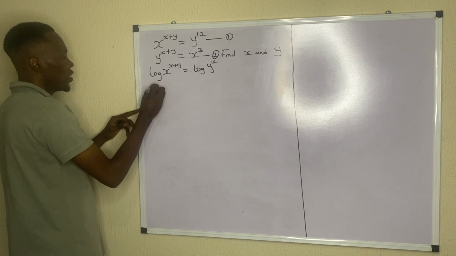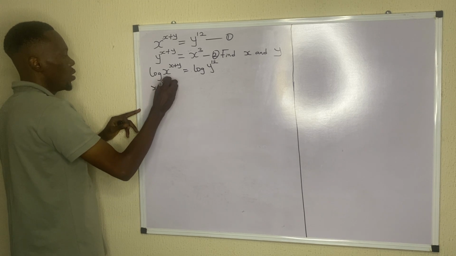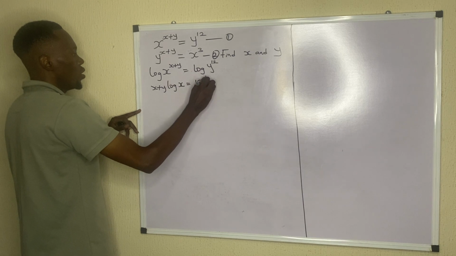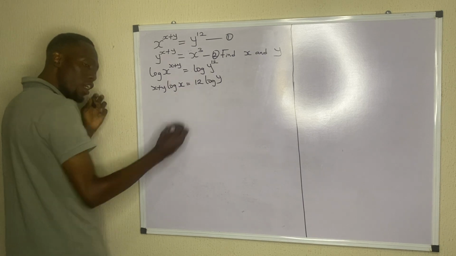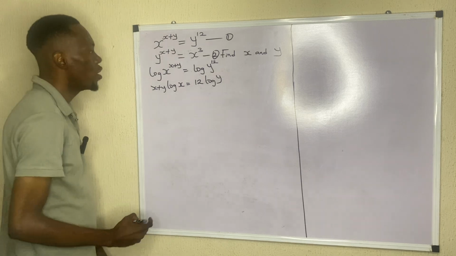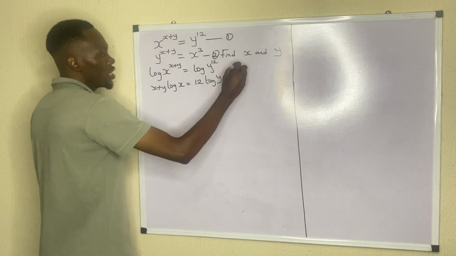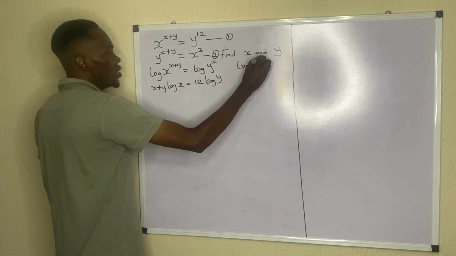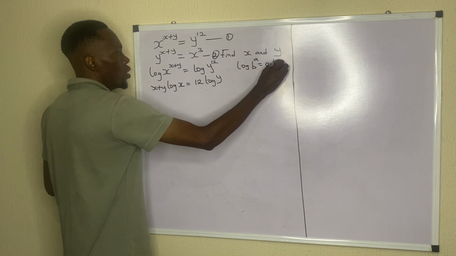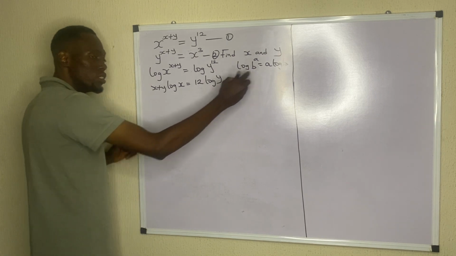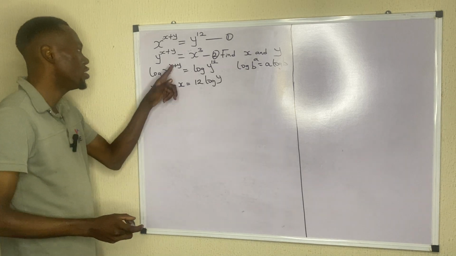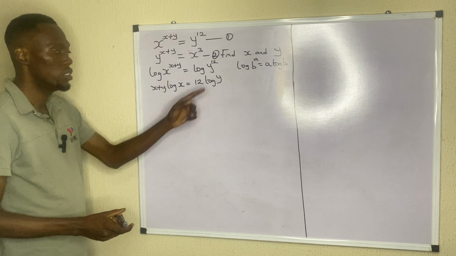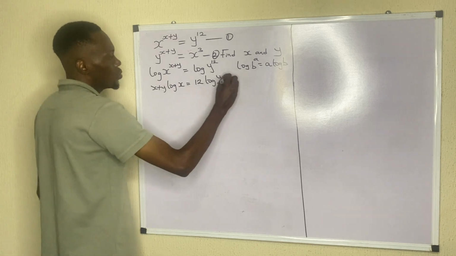Breaking this down, I'll have that x plus y log x is equals to 12 log y. How did I get that? Remember our rule of log that says that log b raised to power a is equals to a log b. So this is the law I applied here. This is a power, it comes and multiplies the logarithm of this. Same with this. So I can call this equation 3.